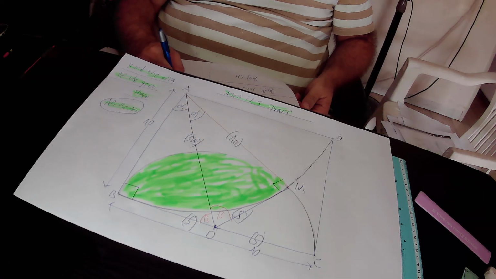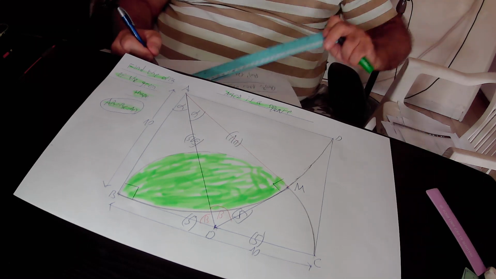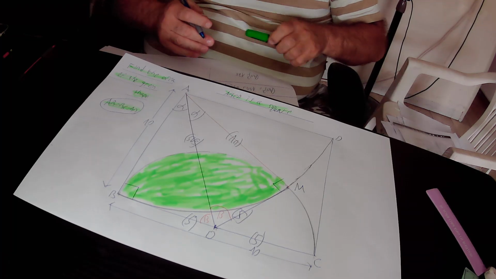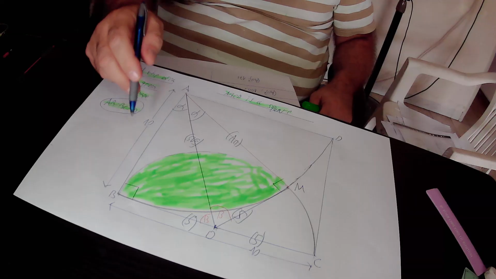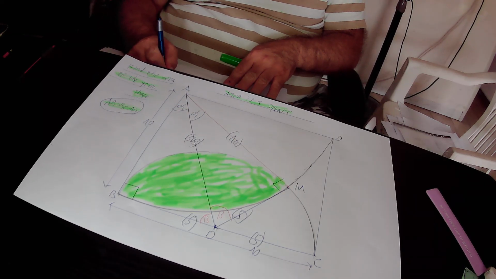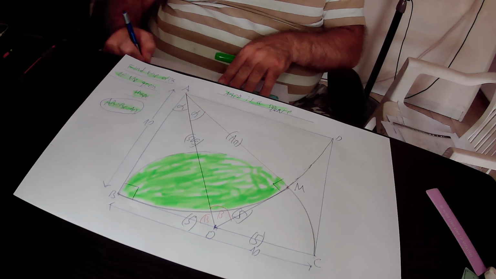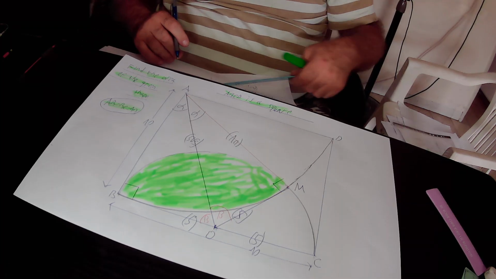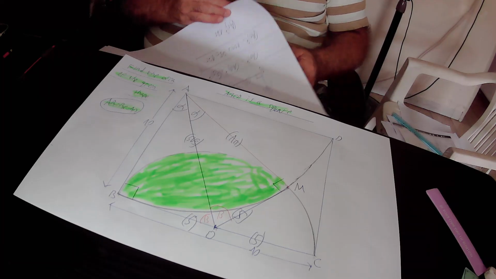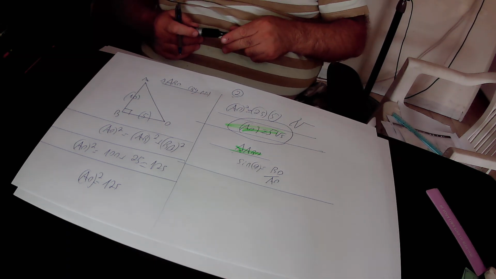In the right triangle ABO, sine alpha equals BO over AO.